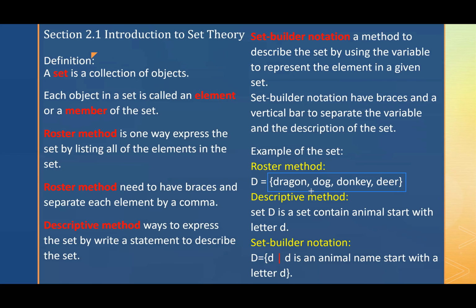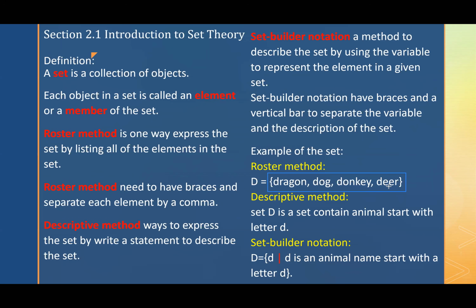If you don't have a comma, you have only 1 element. In order to tell me or tell the program how many elements you have, you have to separate them by a comma. The other thing is you need to have a brace, which I call a bracket. Without this bracket, it is not a set. So make sure you have a bracket in order to be a set.